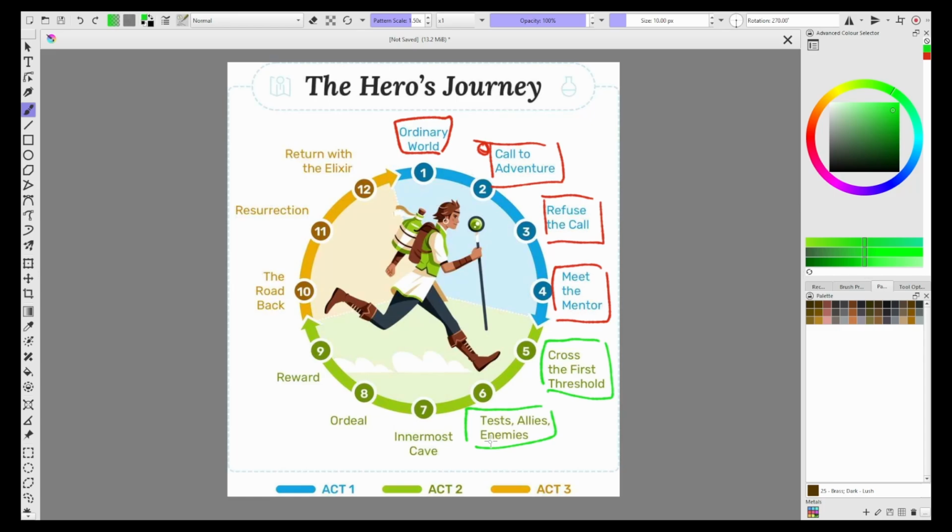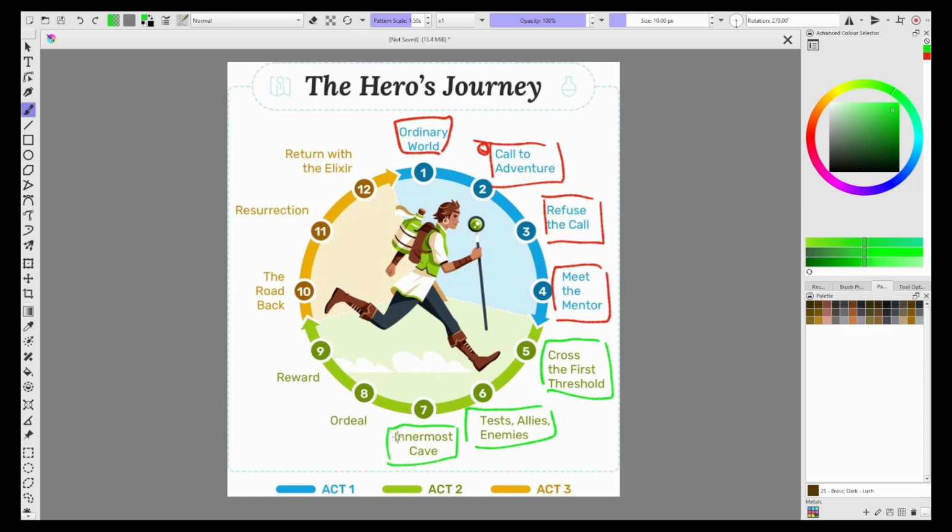And they are going to come up, like in the normal 3-act structure, against a lot of trials, tribulations, conflicts. They're going to keep moving forward, but again, they are going to be pushed back a bit too. But in general, they are going to be moving forward towards the end goal. Next, we have Innermost Cave.